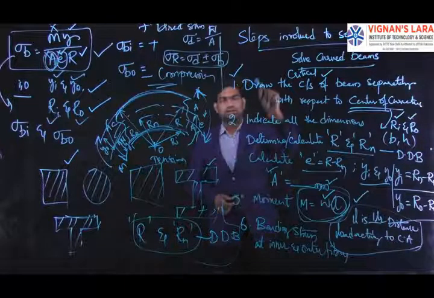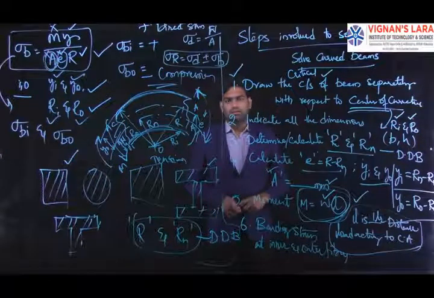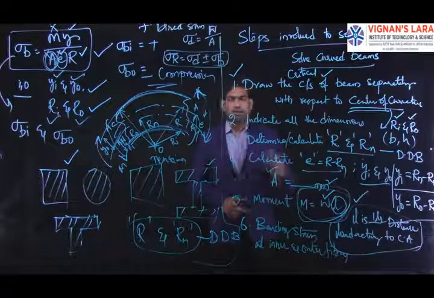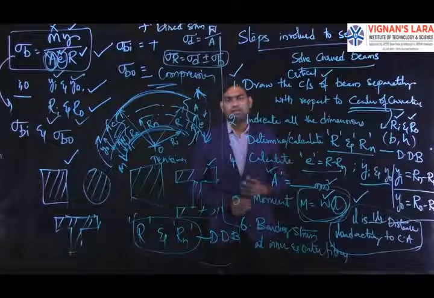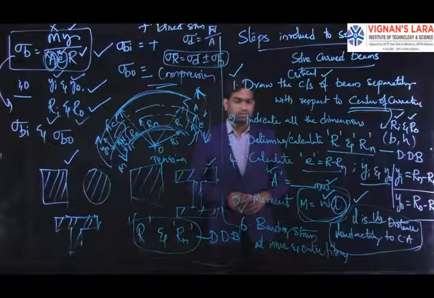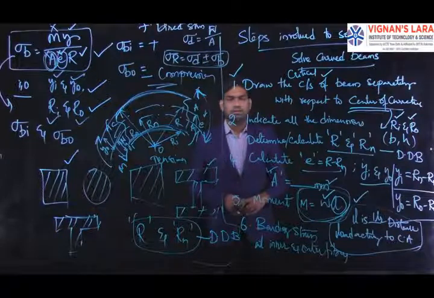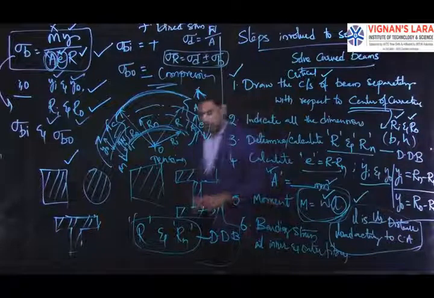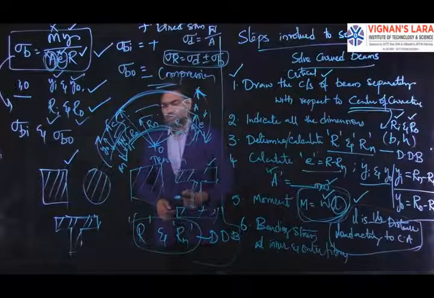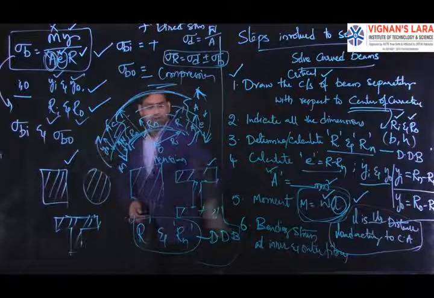Initially, you draw a separate cross section with respect to the center of curvature. In the second step, indicate all the dimensions given or specified in the data, including the radius of curvature, width and depth. In step number 3, calculate the radius of curvature to the central axis and neutral axis by taking the equations from the design data books.